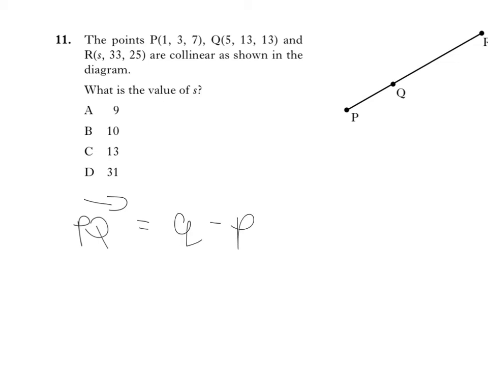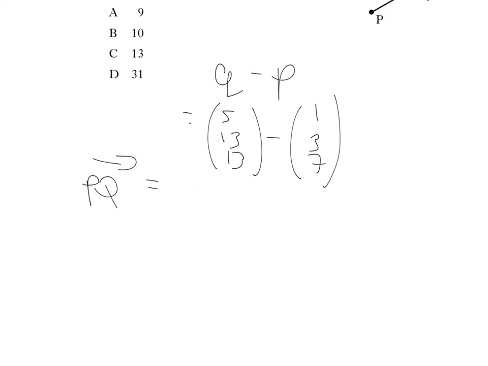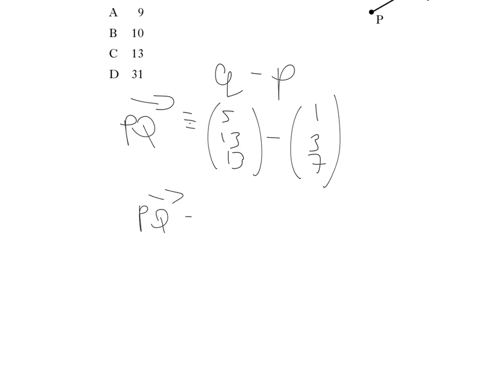So that'll be Q minus P, and that's equal to (5, 13, 13) minus (1, 3, 7), which is equal to (4, 10, 6).